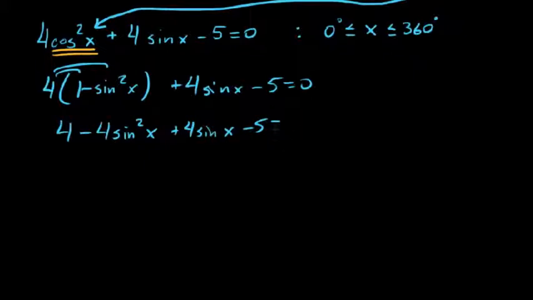Let's put this in standard form. So we have negative 4 sine squared x, and then positive 4 sine x, and then combining like terms, our negative 5 and our positive 4, we end up with minus 1 equal to 0.